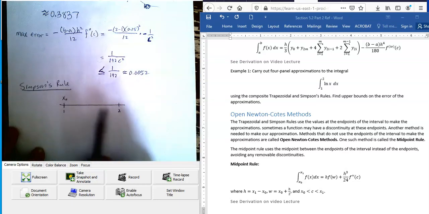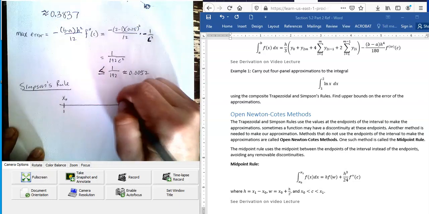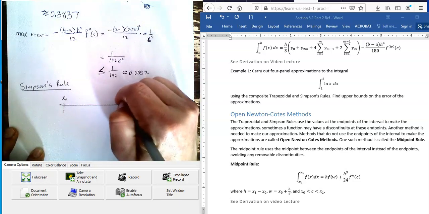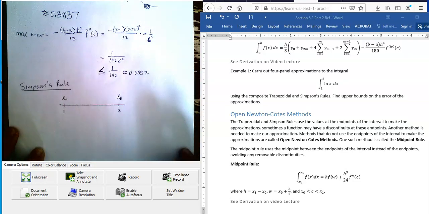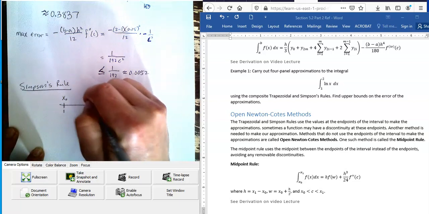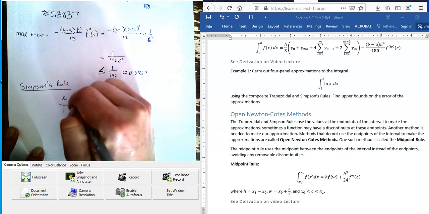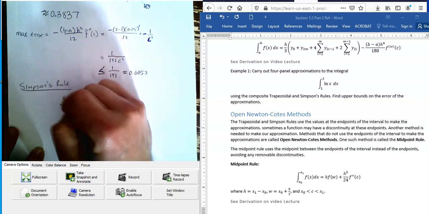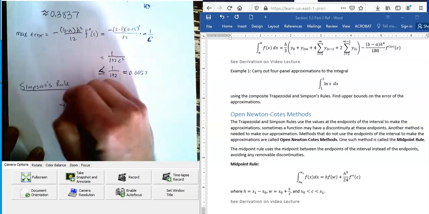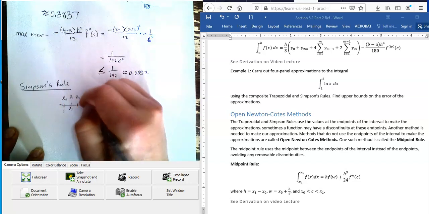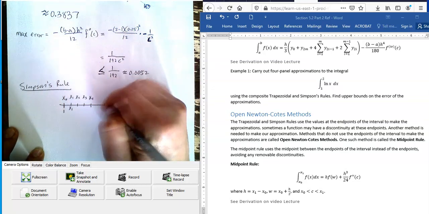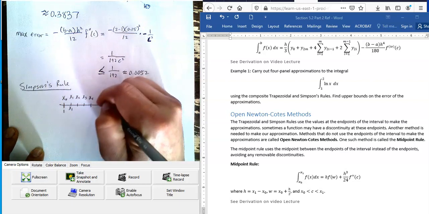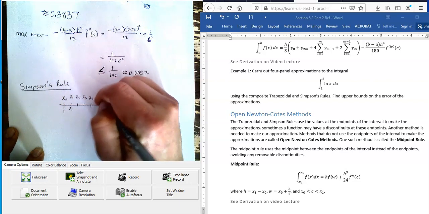We want 4 panels, so this would be our 8th x value, okay? So if we partition that, we have x4 in the middle, x2, x1, x3, x6, and x5 and x7.